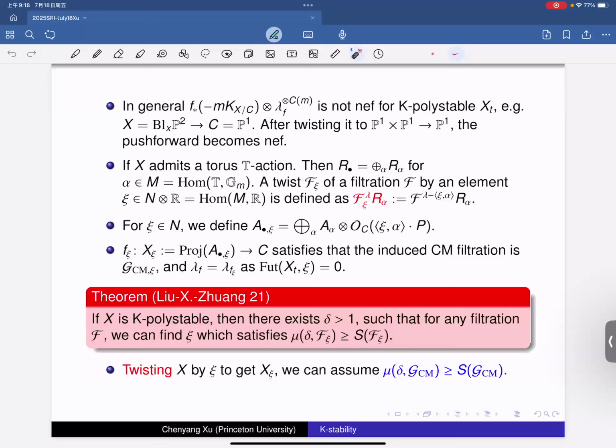So then I can take this new family, the twisted family, which I write as X_xi. Then I can study the same filtration, and the same filtration of this guy is precisely the twist of the original filtration. So that means, roughly speaking, the twist commutes with taking the filtration.